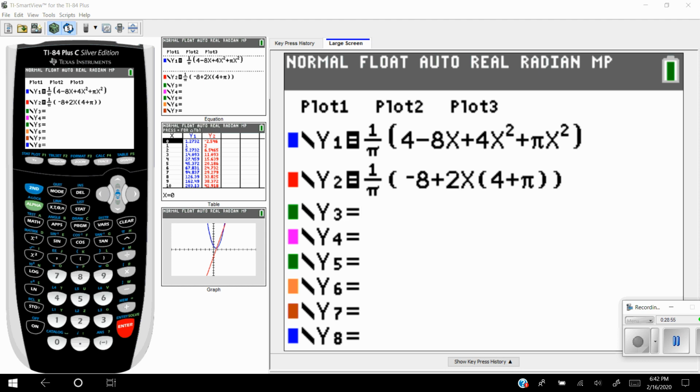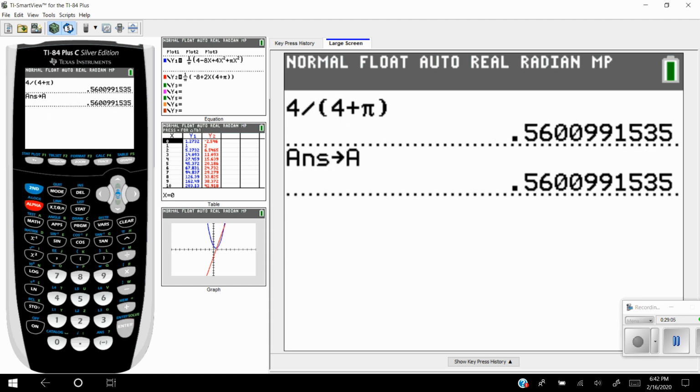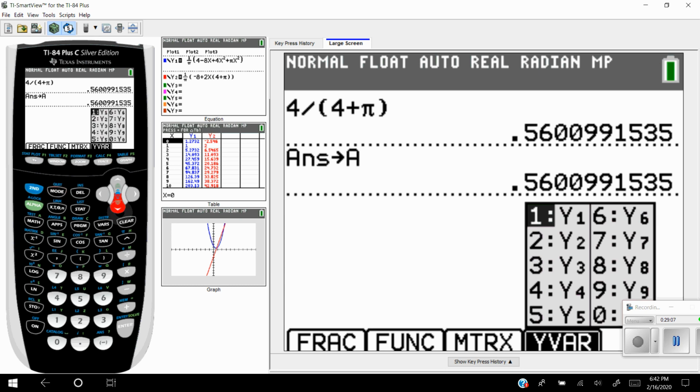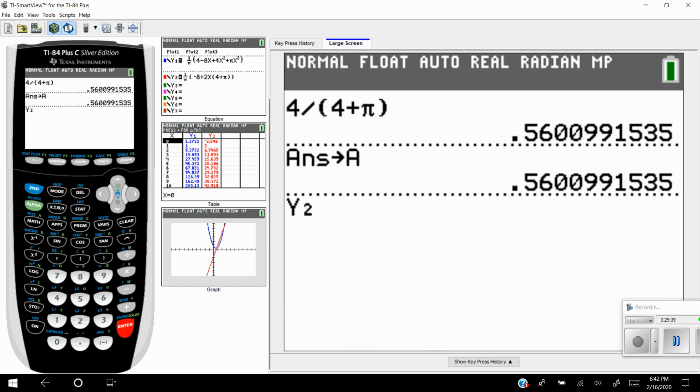But now let's remember what we were trying to do. We're trying to prove that 0.560 maximizes area. So we need to use the derivative for that. So y2, and I'm going to use the stored value. So I stored that in A, so alpha A. Oh, well, obviously this should give me 0. Duh.